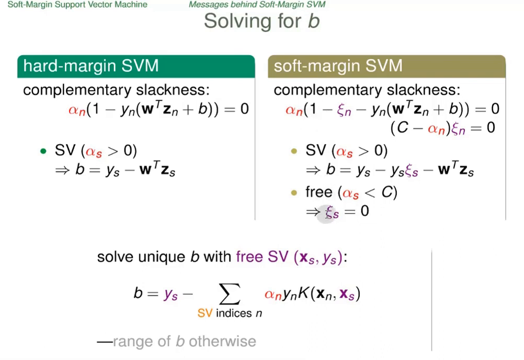So if there is a support vector that ranges between 0 and C, we can see that the inequalities can be combined into one inequality, and then we can solve for the bias.